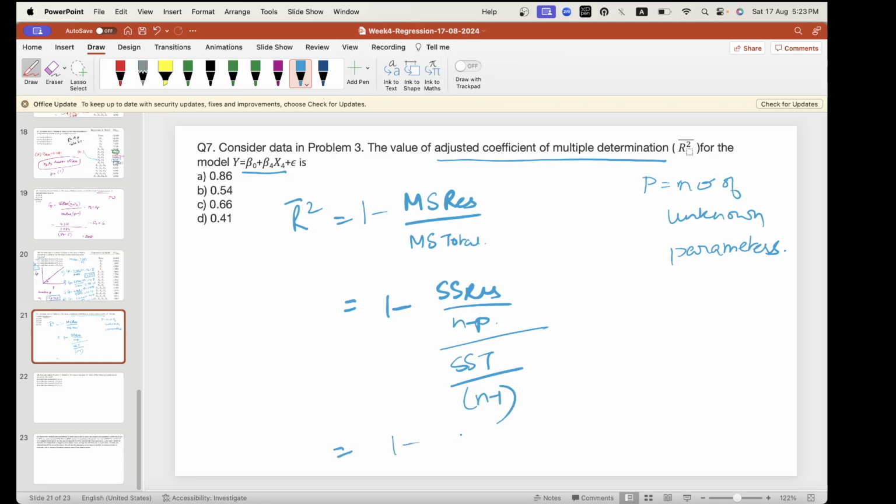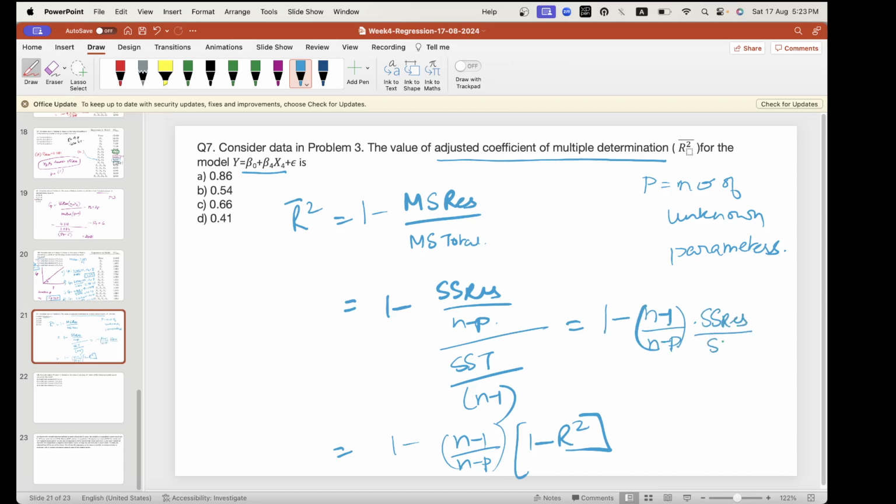So this would be 1 minus n minus 1 by n minus p, times 1 minus R square. Or I can write it as 1 minus n minus 1 by n minus p, times SS residual by SS total. So here it would be 1 minus, n is how much?